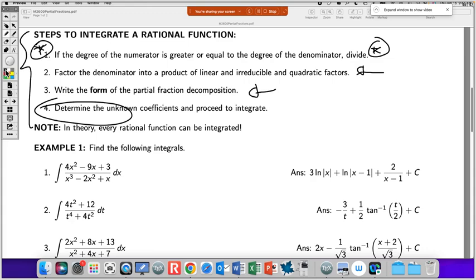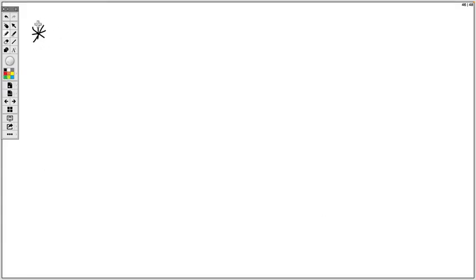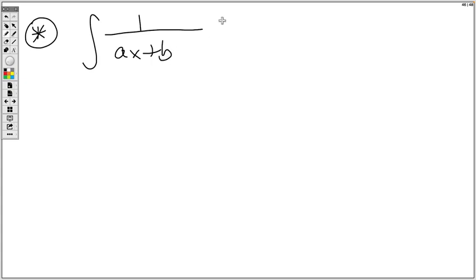So the integrals that are going to come in really handy for us in this section are integrals that look like this. The integral of 1 over ax plus b dx. All right, what's that work out to be? Well, let's think. What's just 1 over x dx?